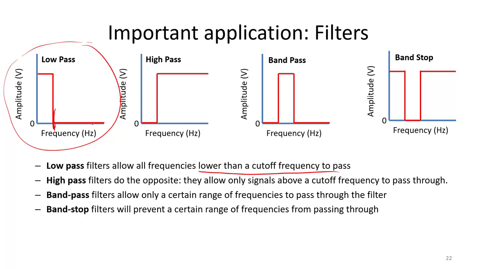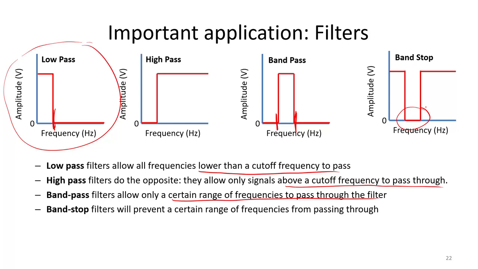High-pass filters only allow signals above a cutoff frequency to pass through. Bandpass filters will only allow a certain range of frequencies to pass through. So there's kind of a minimum and maximum frequency that is allowed to go through. And finally, band-stop filters will prevent a certain range of frequencies from passing through our filter. So depending on what you're trying to do, you may need to design equipment or circuits with one or more of these filter types.